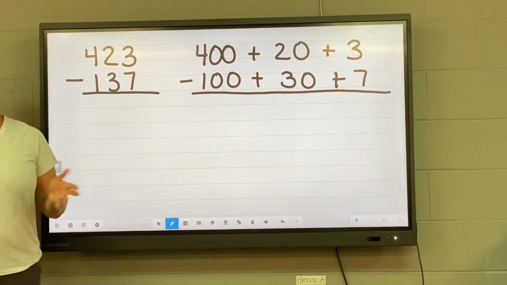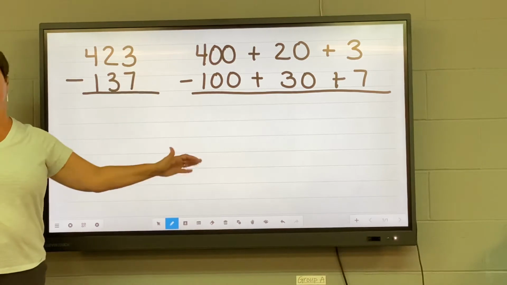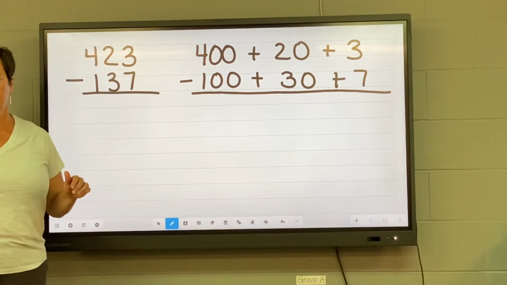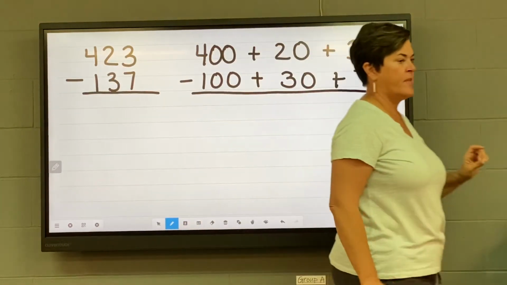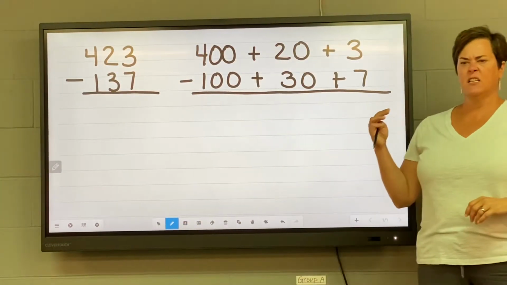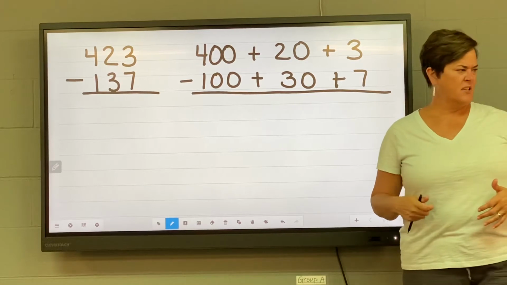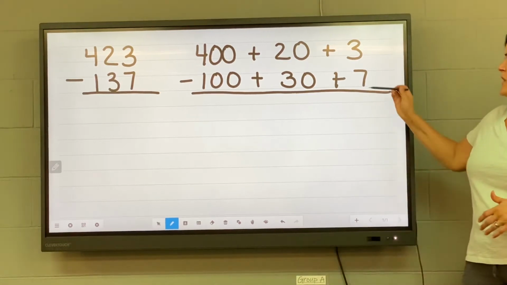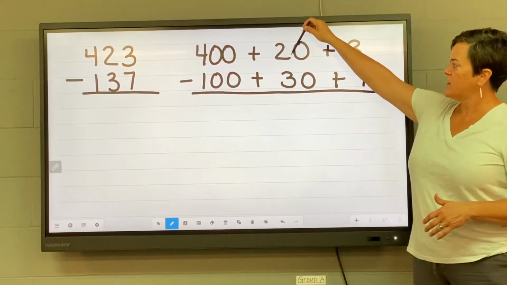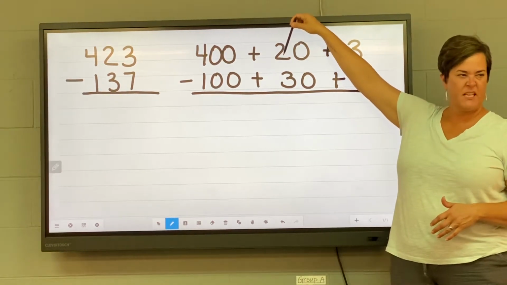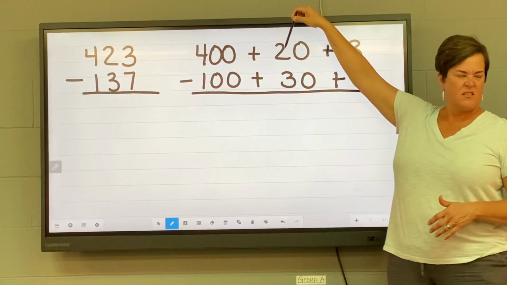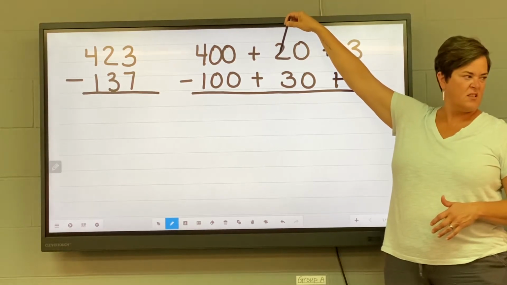When we're adding or subtracting, what place do we always have to start working in? In the ones. So I'm going to move over here to my ones. If I have 3, can I take 7 away? No. So I need to go next door here. Do I have enough to be able to borrow from here?